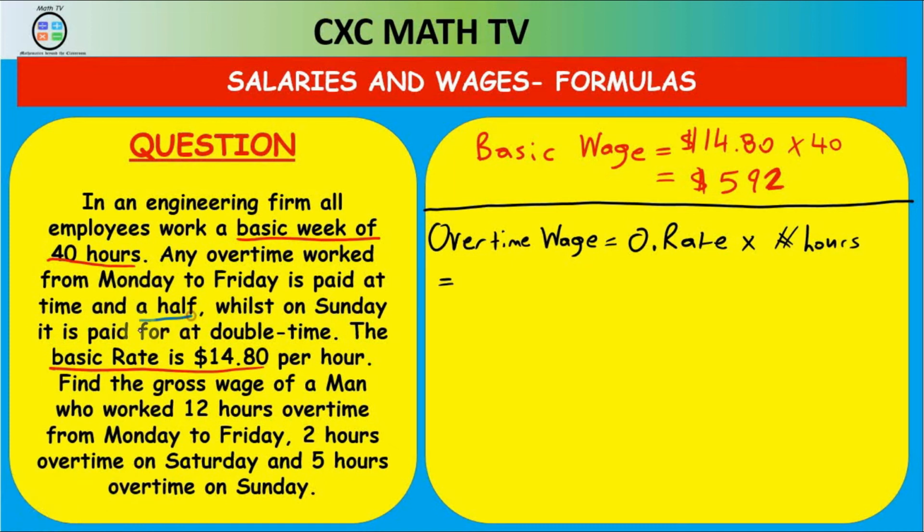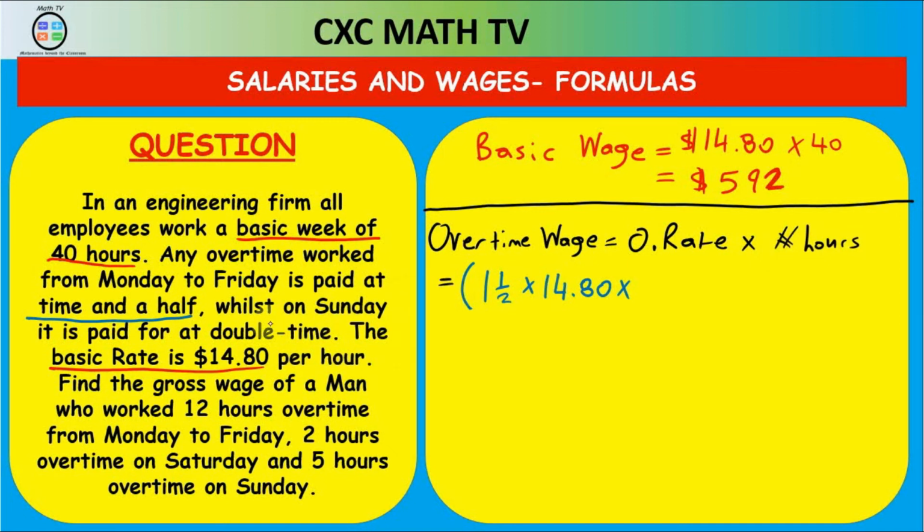You're being paid at time and a half for overtime Monday to Friday. So the rate is time and a half, which is 1.5 times the basic rate, and the basic rate was 14.80. However, we need to multiply it now by the number of overtime hours worked.